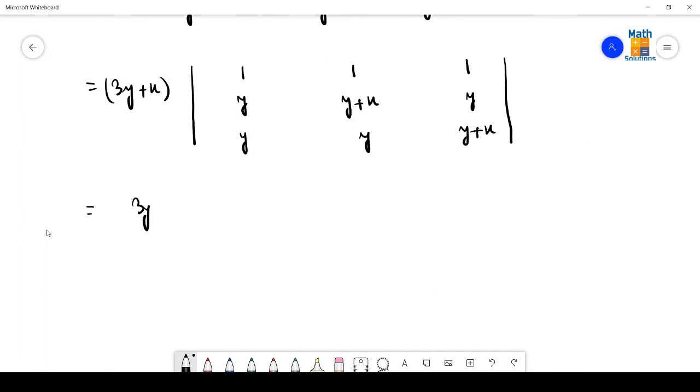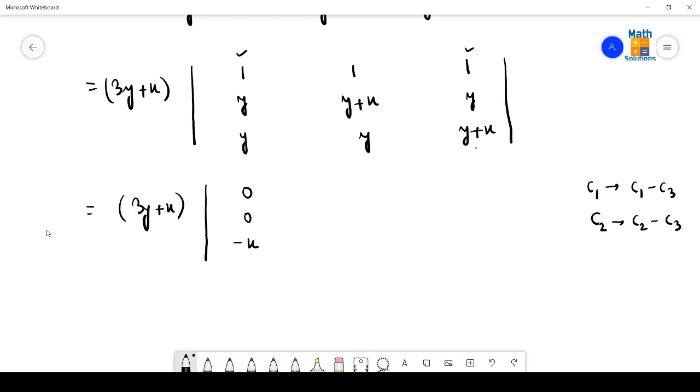So thrice y plus k, with C1 replaced by C1 minus C3 and at the same time C2 replaced by C2 minus C3. I get 1 minus 1, which is 0, then y minus y, which is 0 again, then y minus y plus k, which is minus k.